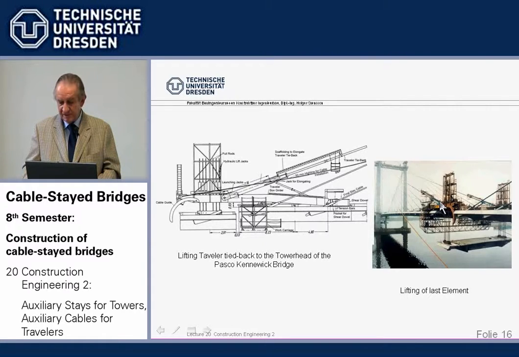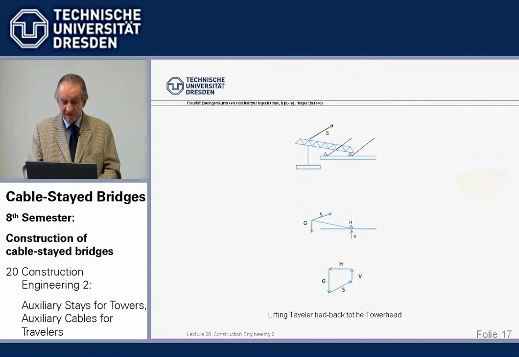This is the auxiliary tieback of the traveler going up here. And then we have the final cables, and here this cable guide, what we used to call in South America banana, is for pulling up the cables and getting them installed here in the final position. So it's a little complicated, but it worked very well, amazing enough.